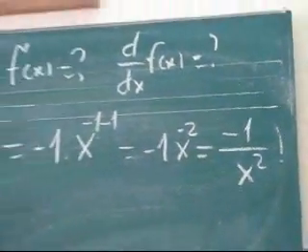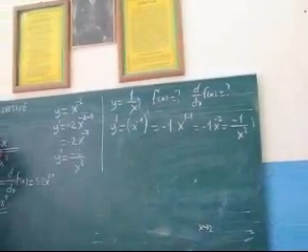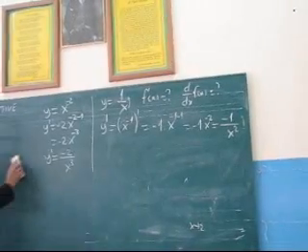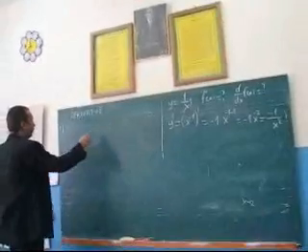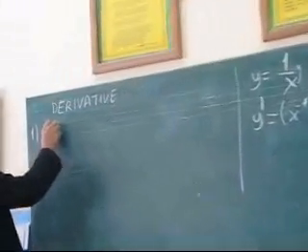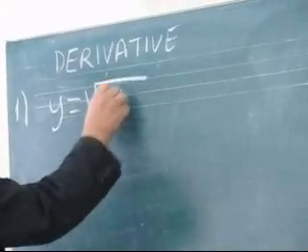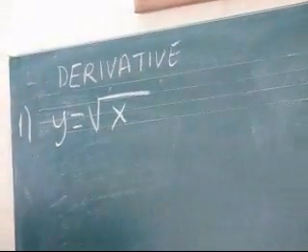Now, another example for this type of definitions: roots of numbers or functions. Let's see how it goes. Our function is y is equal to the root of x. How will we get the derivative of this function?